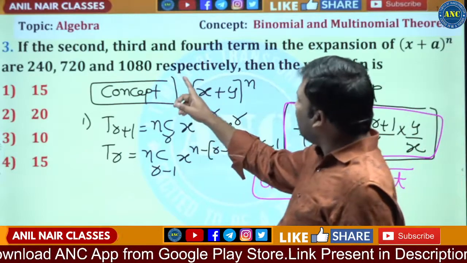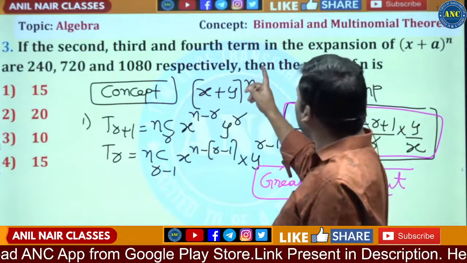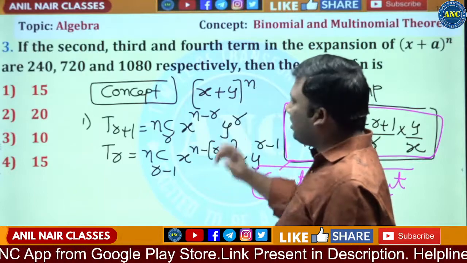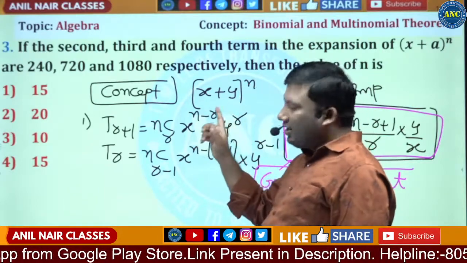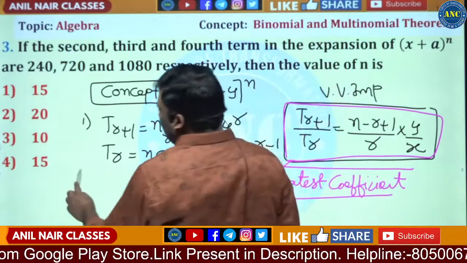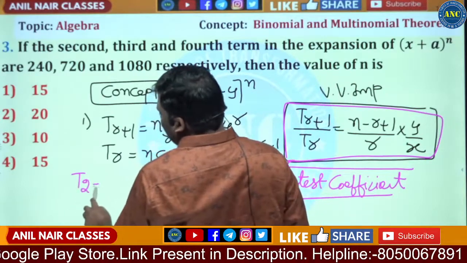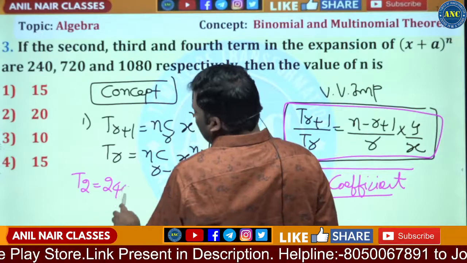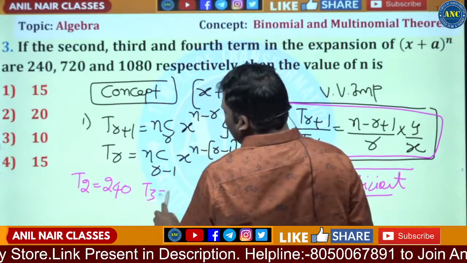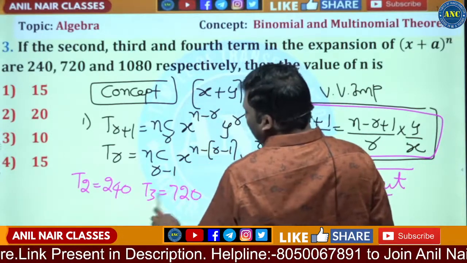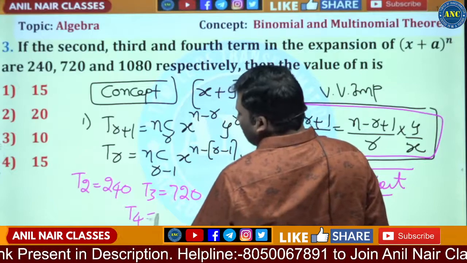If the second term, third term and fourth term in the expansion are given by 240, 720 and 1080. Second term is 240, third term is 720, fourth term is 1080.